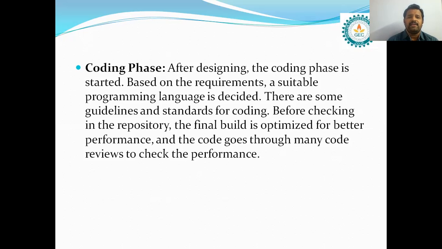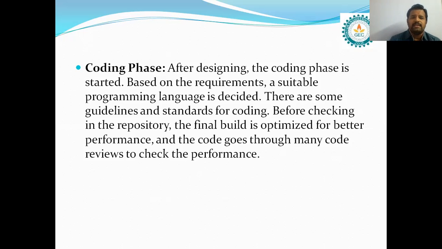There are some guidelines and standards for coding. To develop code, we have to follow the guidelines and standards meant for coding. Before checking into the repository, which is nothing but the database, the final build is optimized for better performance, and the code goes through many code reviews to check the performance.